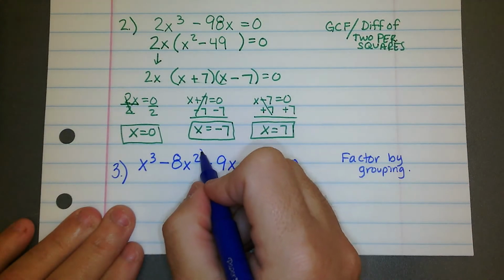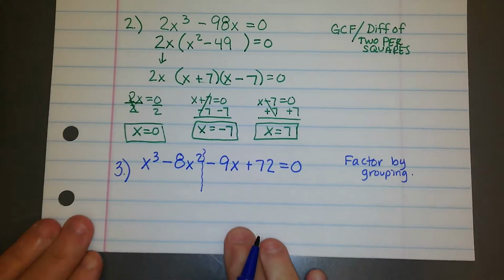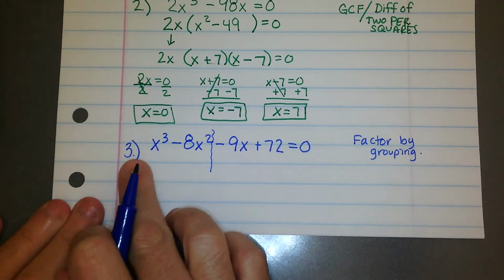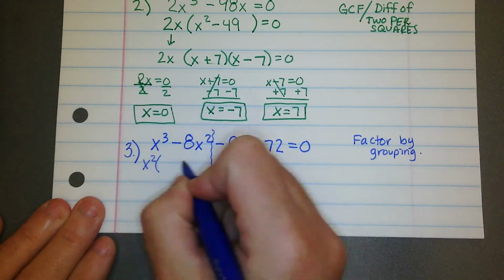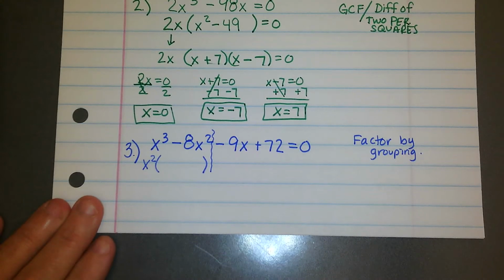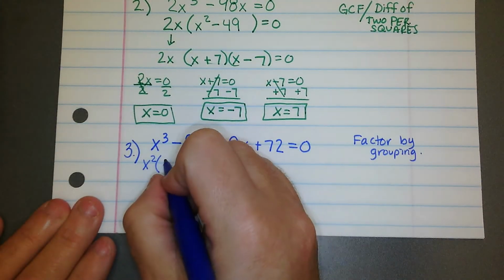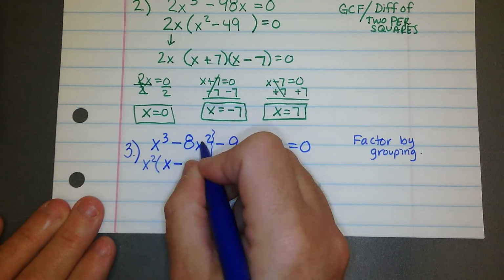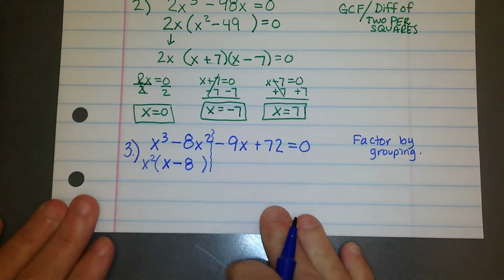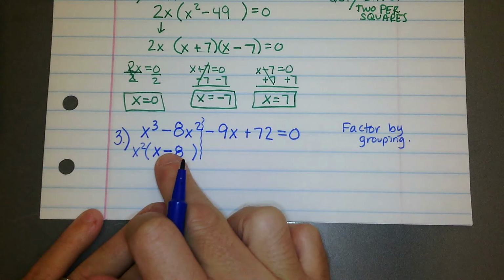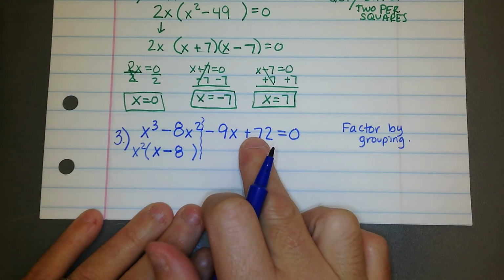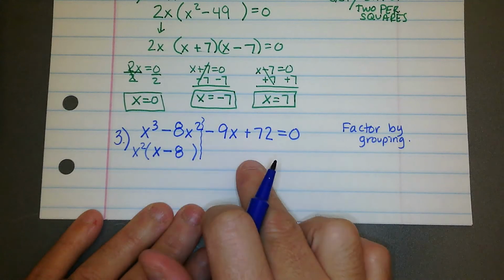So we're going to crinkle cut right after the second term. GCF the left. What's in it? X minus 8. Let's do the right side. Oh, I need a minus sign. Check this out. I need a minus, and this is a plus. What do I have to do? I got to factor out a negative to make that negative match.